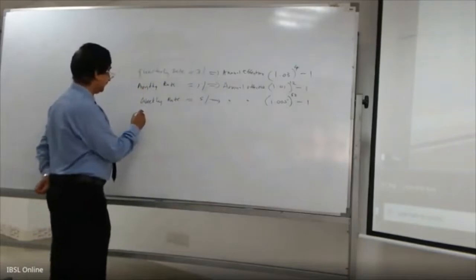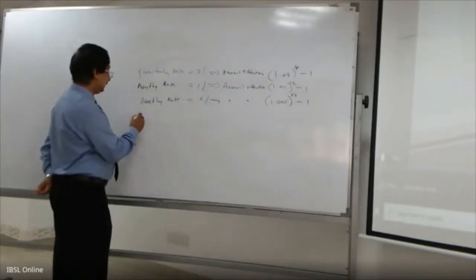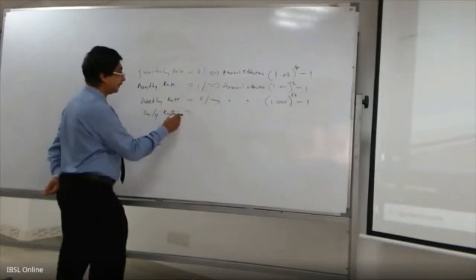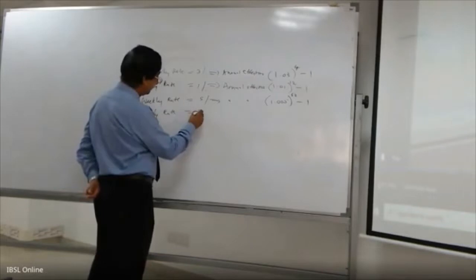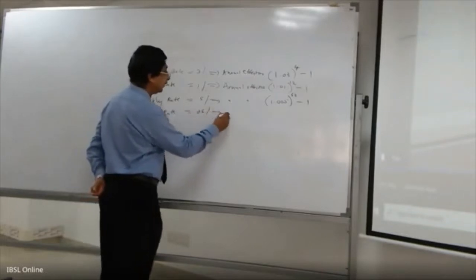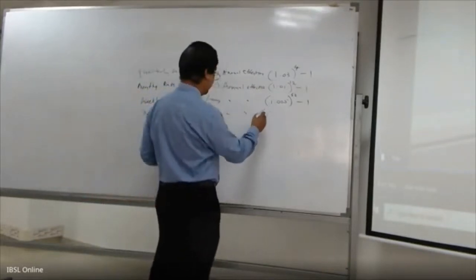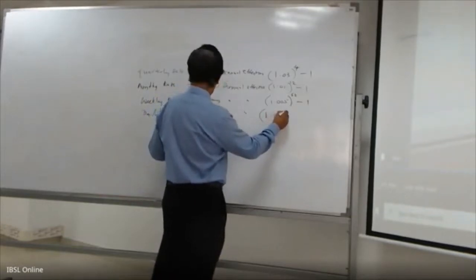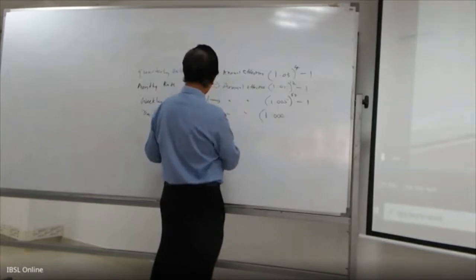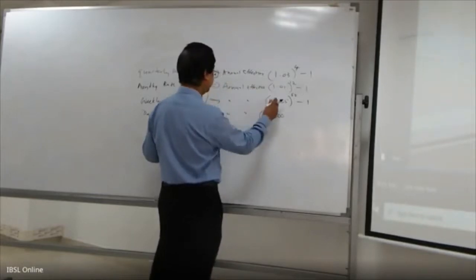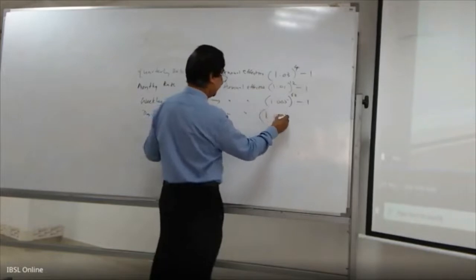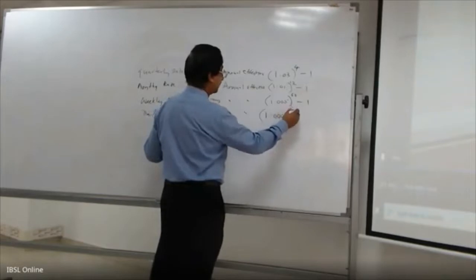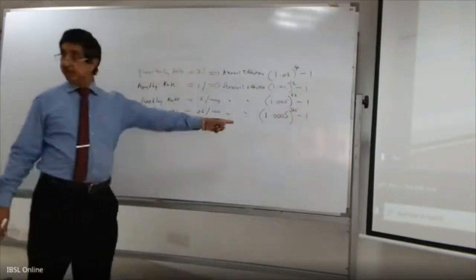Then daily. Say daily rate is 0.05. Then annual rate 1.0005 to the power 365. Is that clear?